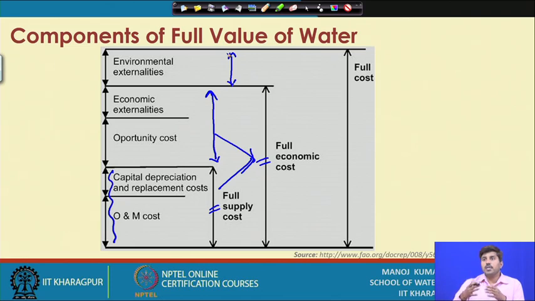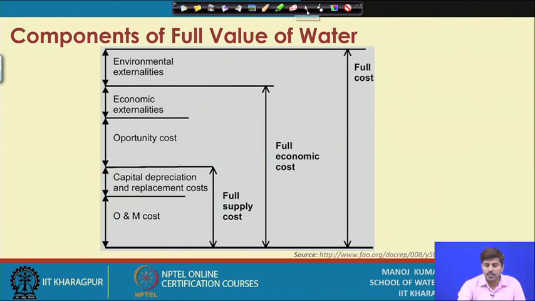Similarly, on the economic aspects of society, it could be positive or negative. Whether positive or negative, it is taken into account, and when everything is added, what we get is the full cost of water. These are the different components of the full cost of water.